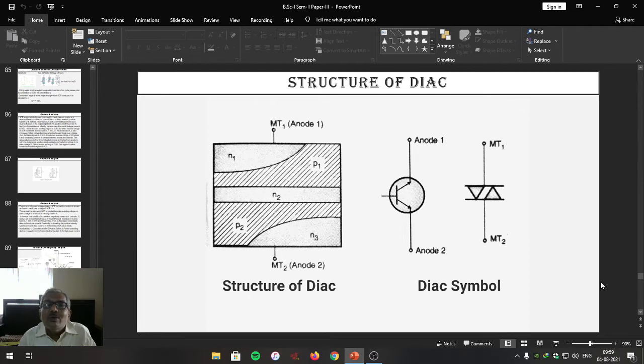Today we are going to study one more device which is different from SCR, known as the DIAC. DIAC is a bidirectional device, means it conducts the current in both the directions irrespective of the polarities.